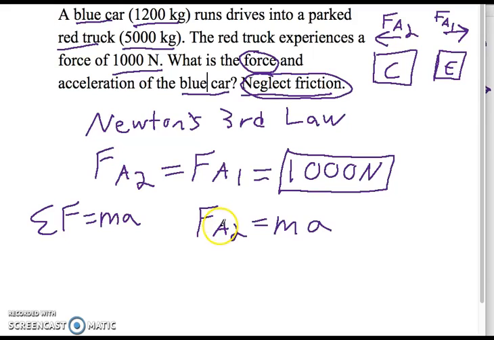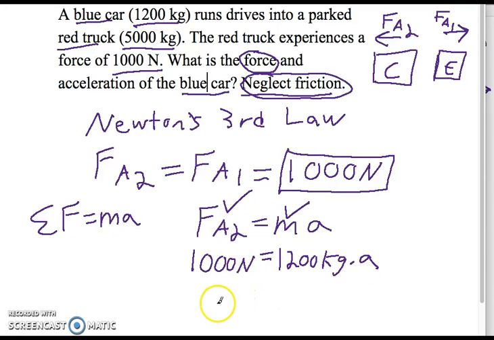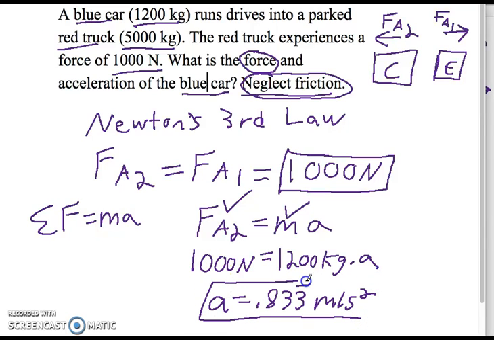We just found that force on the blue car, 1,000 newtons, and we know the mass to be 1,200, as stated in the problem. From quick division, we get that the acceleration is 0.833 repeating meters per second squared. So that would be the acceleration.